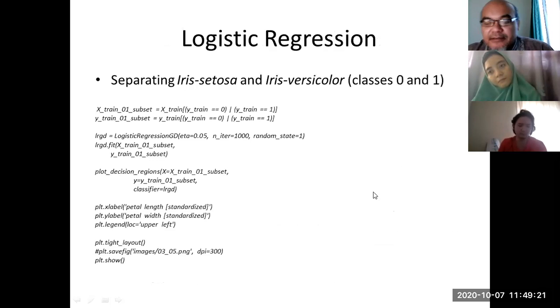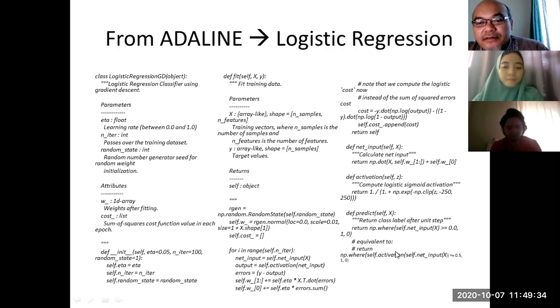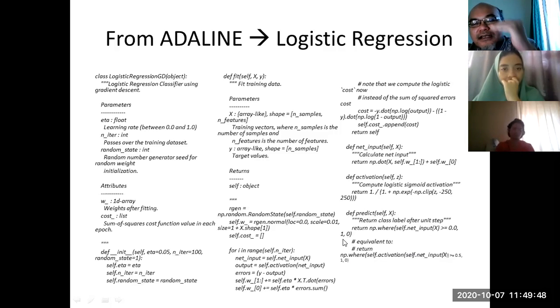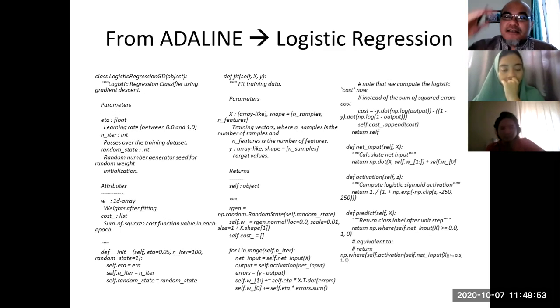Then after that, predicting the y using the x value. Where self.activation is larger than 0.5, then it will be assigned as 1. So in the probabilistic function, when the probabilistic result is larger than 0.5, then class 1 will be assigned. When it is less than 0.5, it will be assigned as 0.